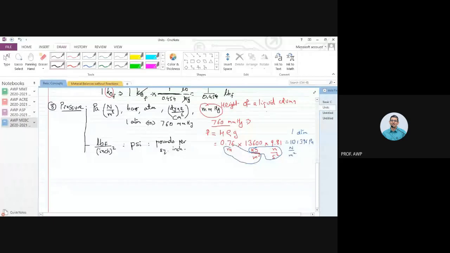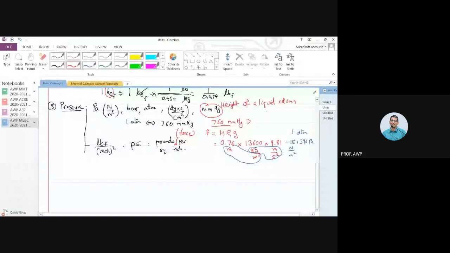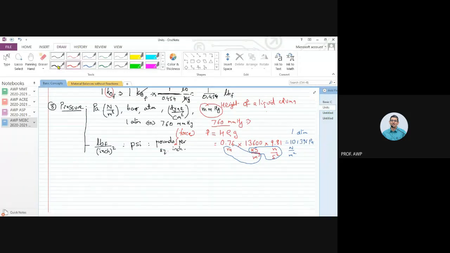Is it correct? So what we mean is actually pounds force. The word force is something that people don't say or don't write. It is only written as pounds. But since we are talking about pressure, it is understood that it is pounds in terms of force.